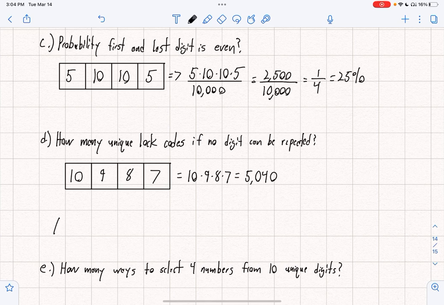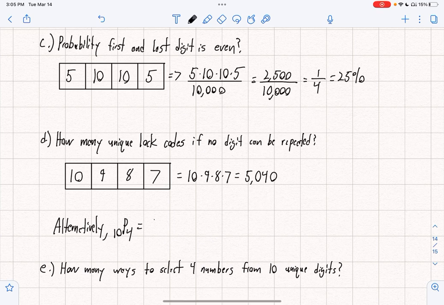So we could say alternatively, since order matters, we could call this a permutation where n here is 10, p 4. How many ways can we take 4 from a set of 10 and create unique arrangements?